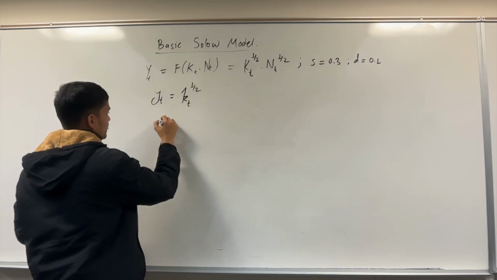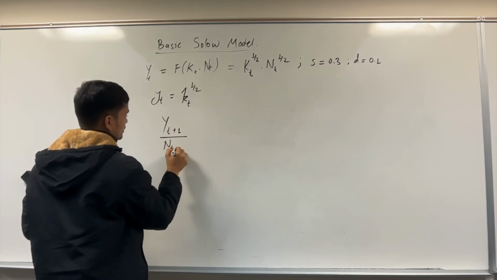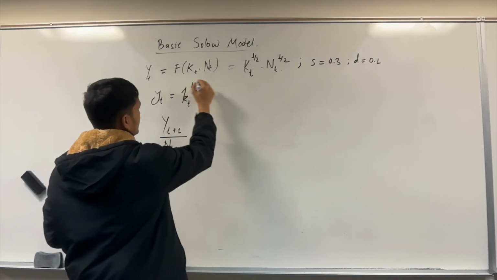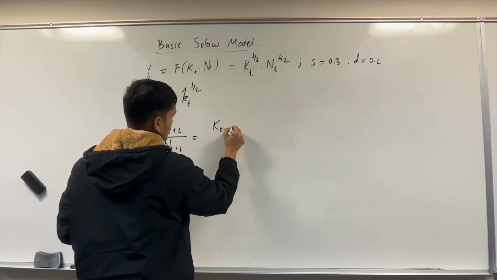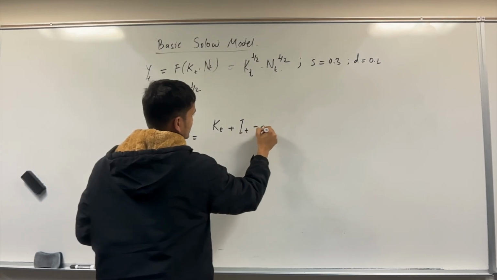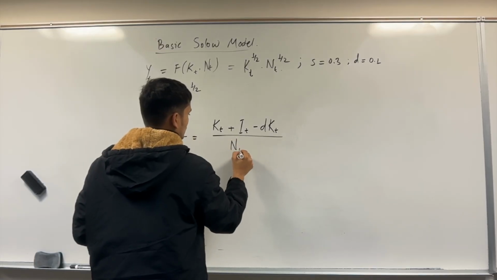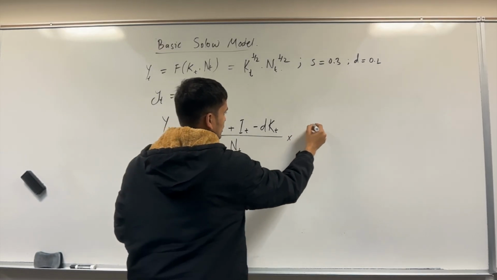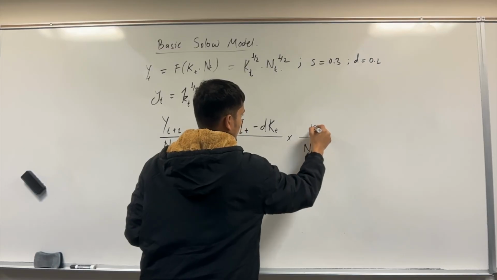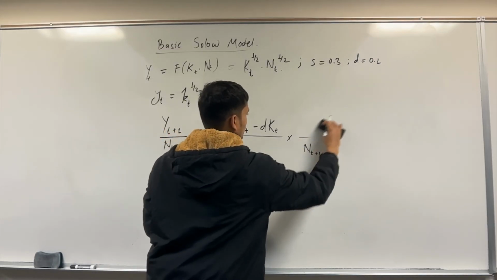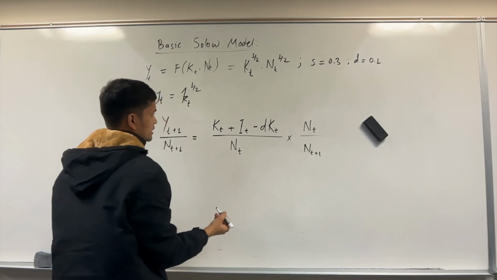So we know that capital K_{t+1} over N_{t+1} equals the function of K_t plus investment I_t minus depreciation d K_t, over N_t. Here for N_{t+1}, I'll just replace it by N_t, so if you cancel, we just get the same thing.